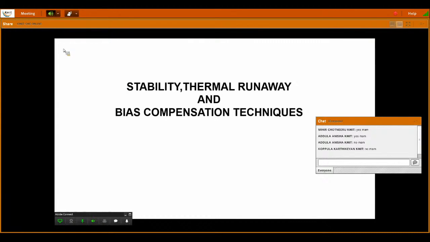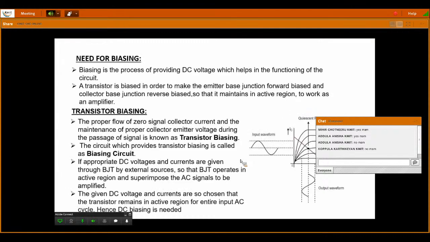Let me learn about stability, thermal runaway, and the bias compensation techniques. Now, let me move to the need for biasing, which I already explained. In order to put the quiescent point exactly at the DC load line center, we add DC voltages and additional circuitry which maintain the DC bias voltages and currents.